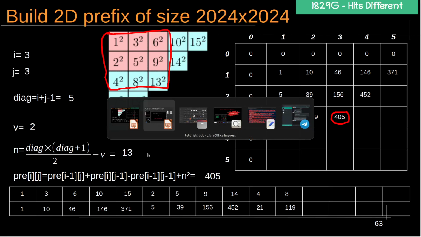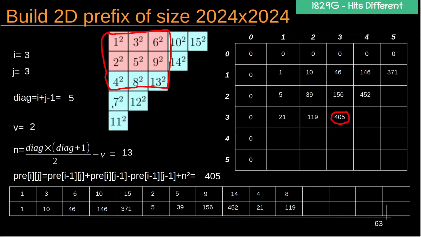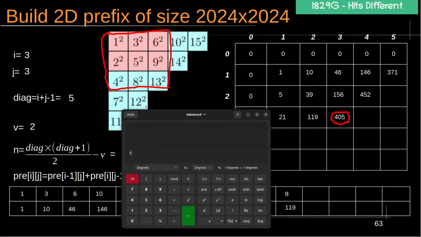I need the calculator here. That's it: 13 times 13 plus 81 plus 36 plus 5 squared plus 9 plus 16 plus 4 plus 1 is equal to 405.